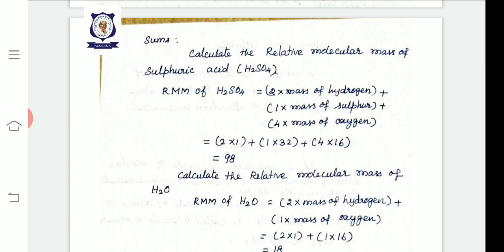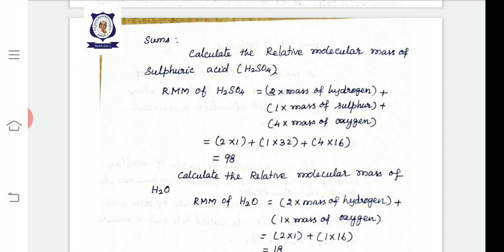How can we calculate? Relative molecular mass of sulfuric acid is equal to, how many atoms of hydrogen are here? 2. So 2 into mass of hydrogen. What is the mass of hydrogen? We know it is 1. Then sulfur atom, 1 into mass of sulfur. And oxygen atoms, there are 4, so 4 into mass of oxygen.